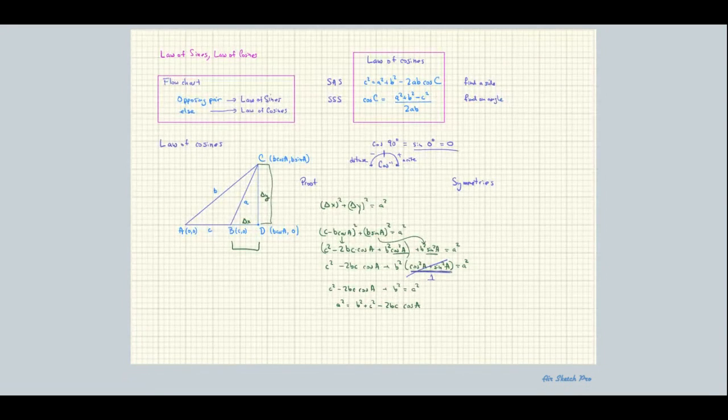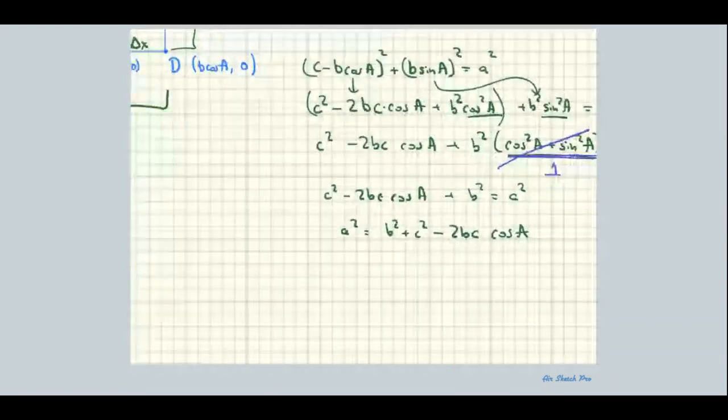There was nothing special about my choice of A, B, or C. I could have made angle C my central angle in that proof, and I would have gotten the C form of the law of cosines that I showed you up on top. I use this form because it looks most like the Pythagorean theorem.